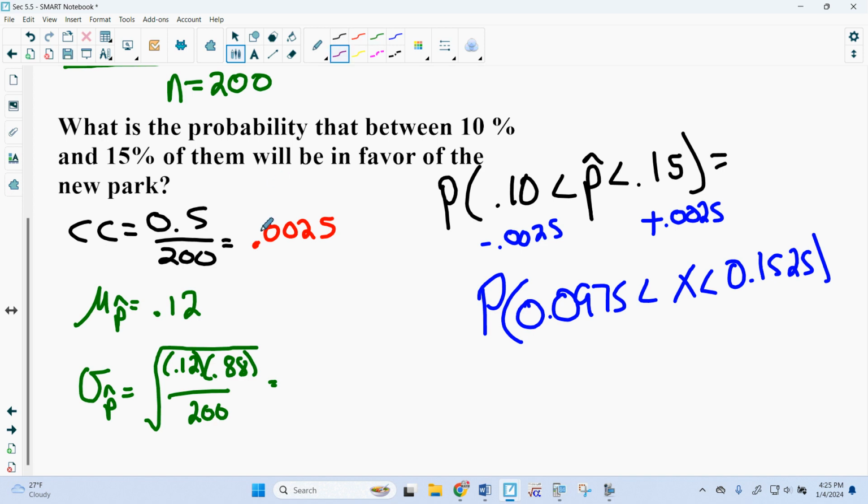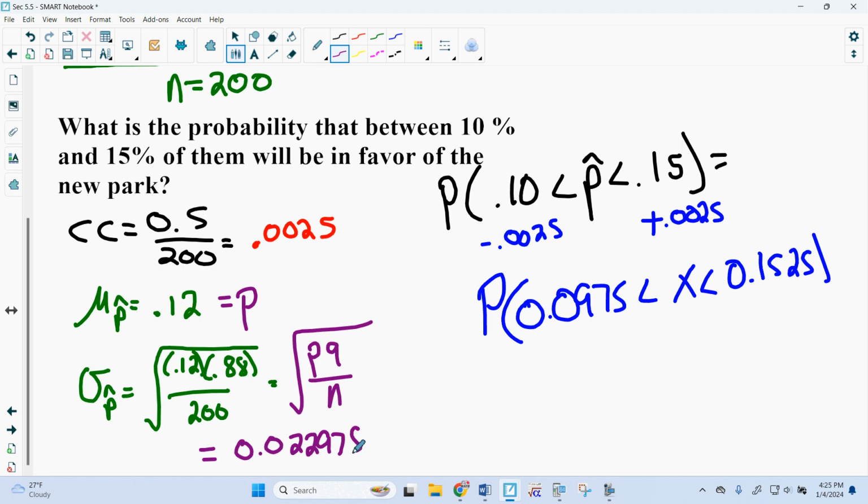So let me rewrite that here. This is just p, and this is pq over n. And the value I get here is 0.022978. So now we've done our continuity correction. We've found our new mean and standard deviation.